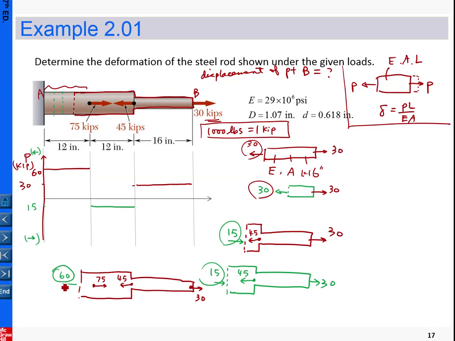The direction on this cross section points leftward, so that must have the same sign as this one, so I moved it here. That is the magnitude.